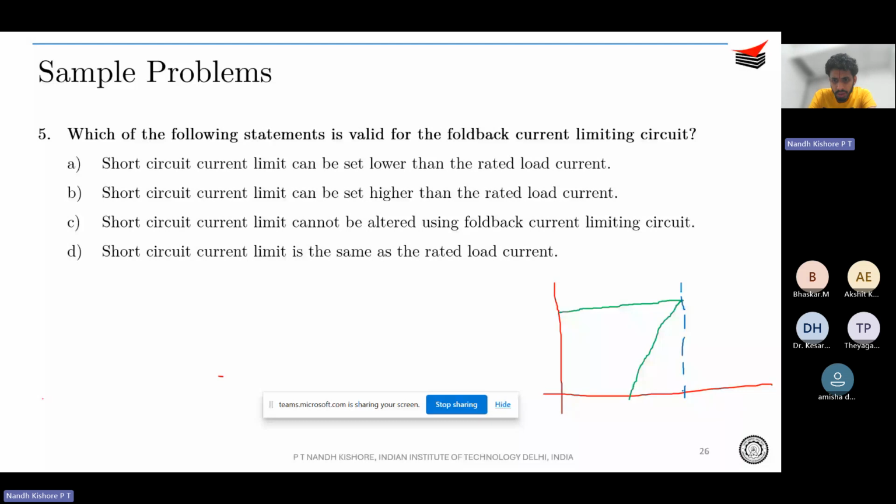So this is your I rated and over here this is your short circuit current limit. Okay, so you can actually set a lower short circuit current limit for the foldback current limiting circuit and that's your advantage. So once it exceeds I rated, it will go back to a current limit which is lesser than the short circuit current limit. Okay, fine.